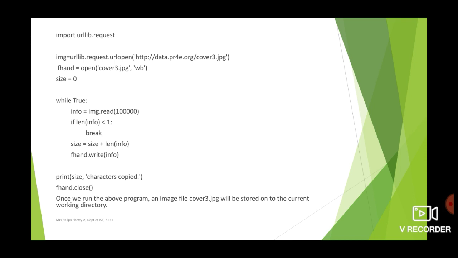Otherwise, let us find the size of the information that we have retrieved. So size is equal to size plus length of info. That is, whatever we have already accessed plus the current amount of information that we have fetched.